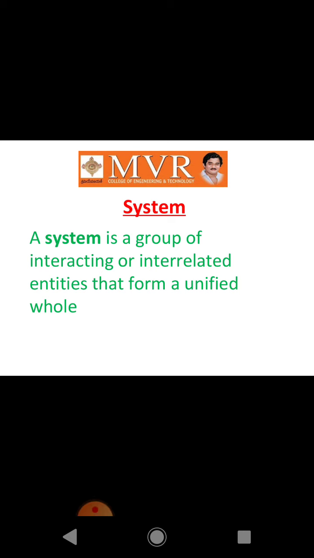In a mechanical system, these entities are called parts. In the software system, simply entities. Any system is useful for a purpose. As a whole, it is meant for the purpose. Here also, a system is a group of interacting or interrelated entities that form a unified whole for a purpose.